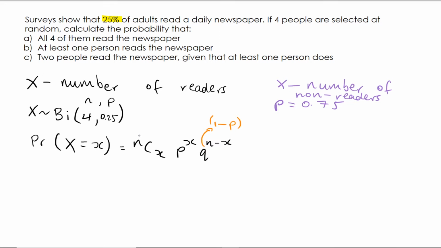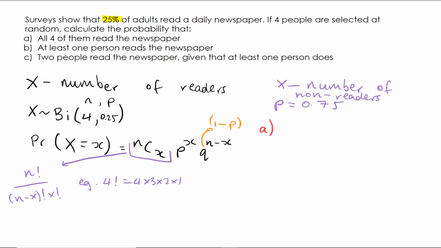Now, if we had no choice but to do this by hand, then nCx is n factorial over n minus x factorial times x factorial, where factorial just means you're multiplying it by all the numbers that come before it. So for example, 4 factorial is 4 times 3 times 2 times 1. Of course, if you've got access to a calculator for this question, you might as well use it.